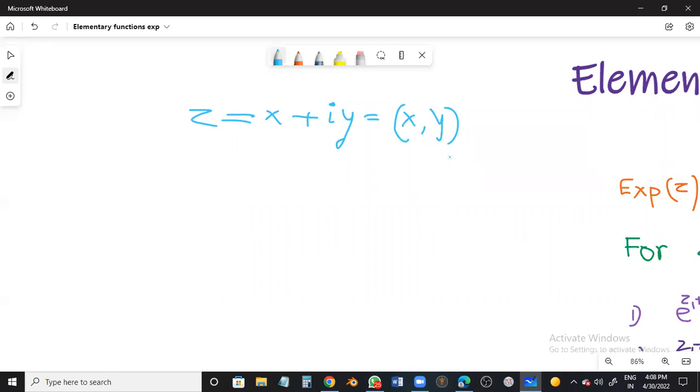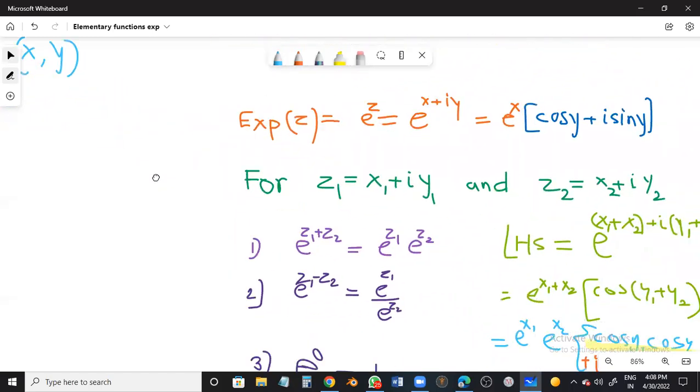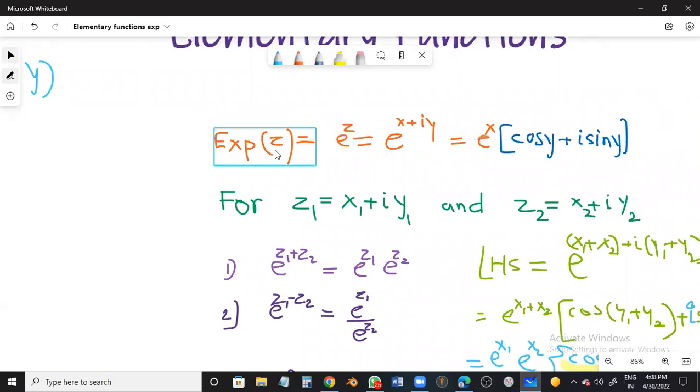Now, if I apply the exponential function, does it obey the same rules of real functions of real variables or not? That we want to see. So all of you see here, we start with our exponential function, exponential of z. How do we write it? e raised to z. But z itself is x plus iy.